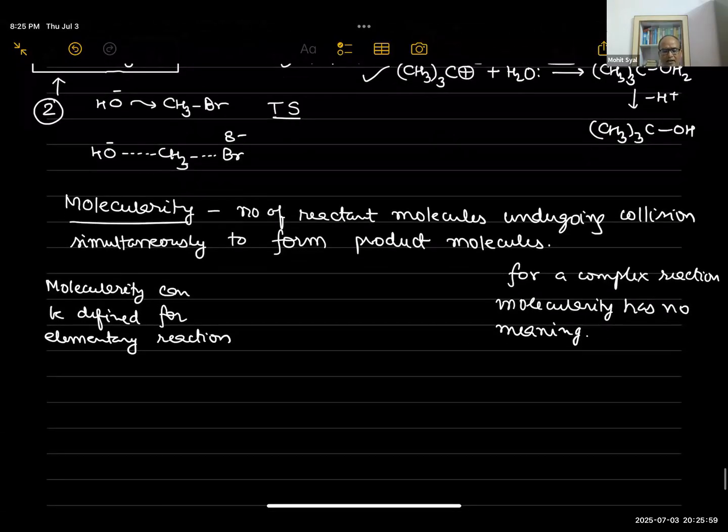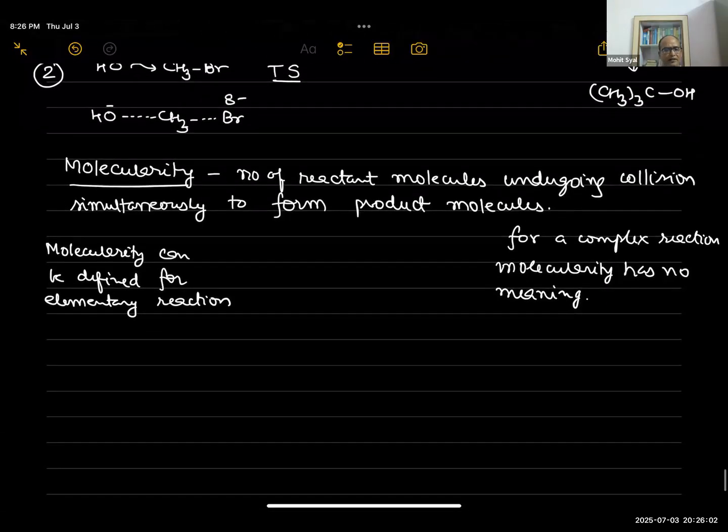So the definition of molecularity you need to know. Overall molecularity can be determined if you know whether the reaction is elementary or complex.